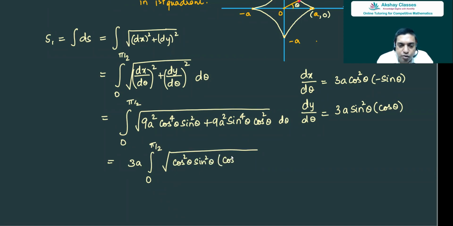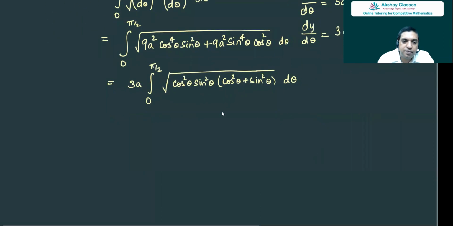Then we'll get cos square theta plus sine square theta. So we get 3a times integral 0 to pi by 2 under root of cos square theta sine square theta, which will be cos theta sine theta.